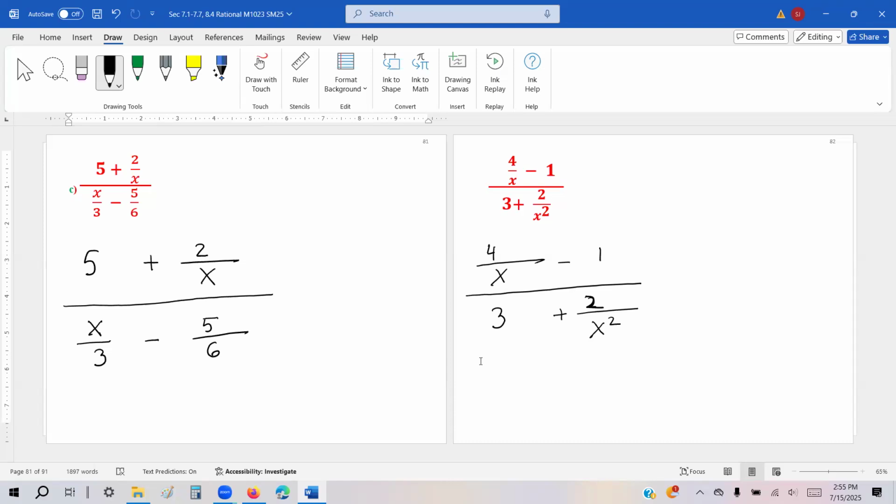Cancel x and x. You didn't have two x, right? You only have two of them.